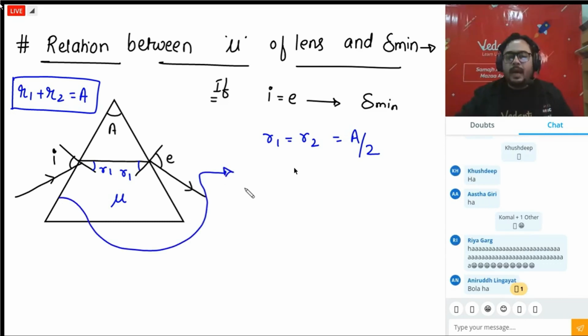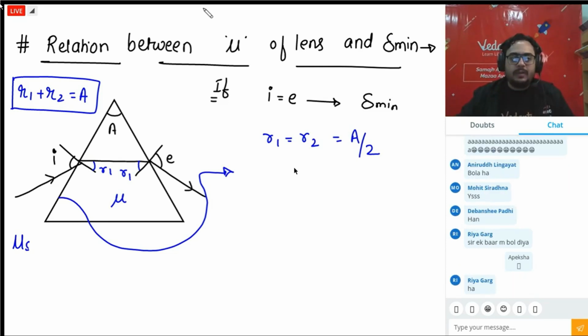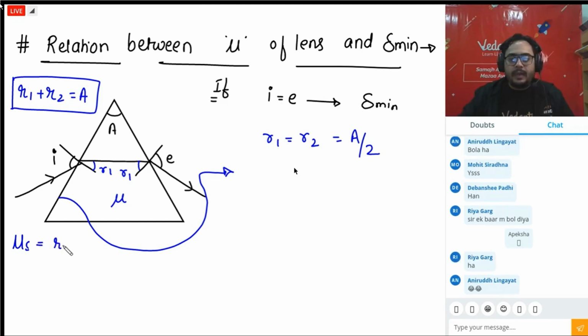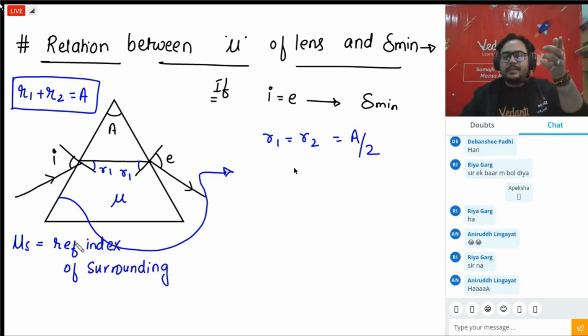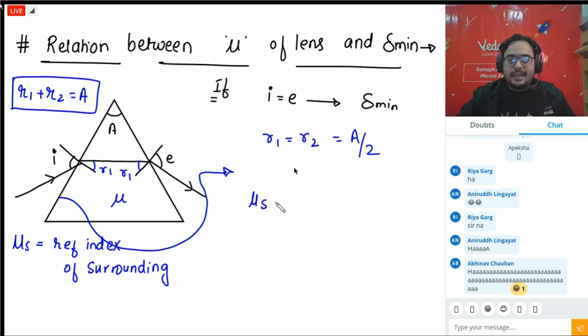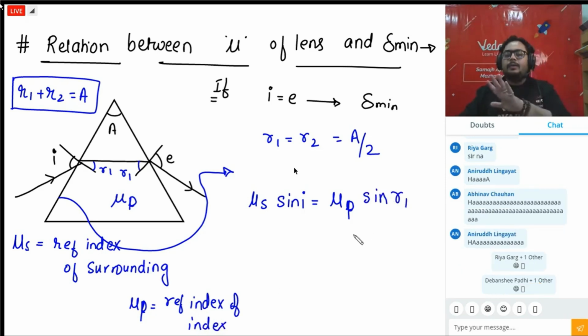If the index of the surrounding is mu s, I will say mu s into sin I is equal to mu P sin R1. Mu P is the refractive index of the prism, a variable we are assuming.